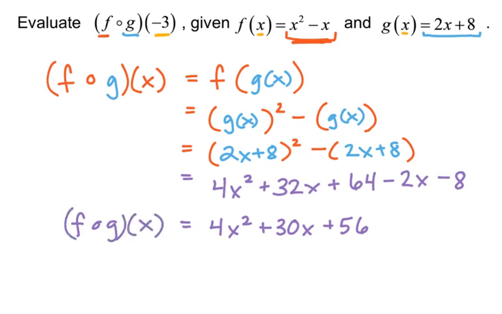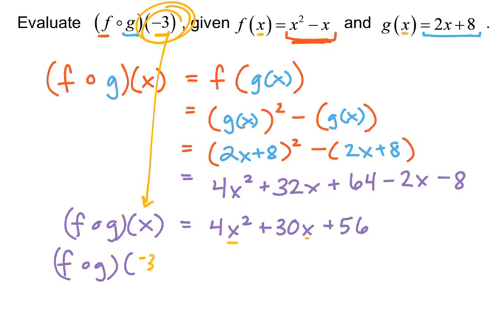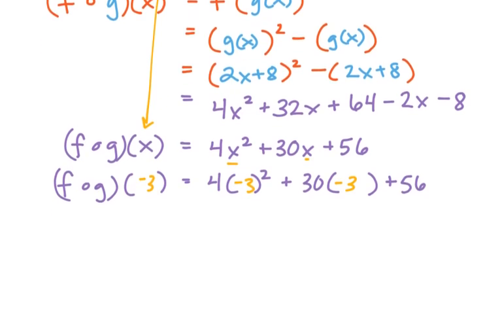And at this point, if we were asked to plug in -3, we could just plug that in for both of these values. And so f of g of -3, that's going to be 4 times -3 squared plus 30 times -3 plus 56. So I plugged in -3 wherever there was an x, and we'll see that this will also give us 2.